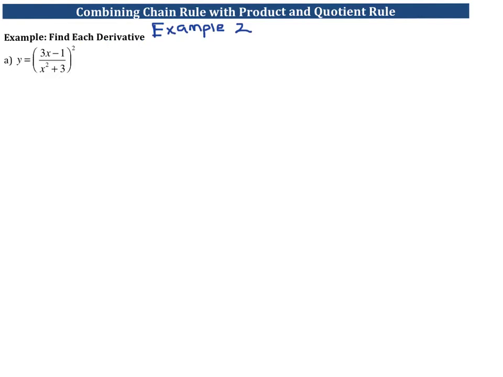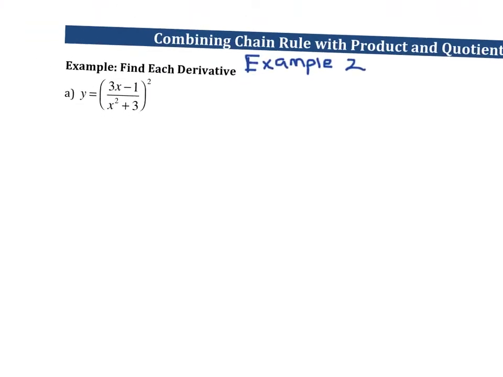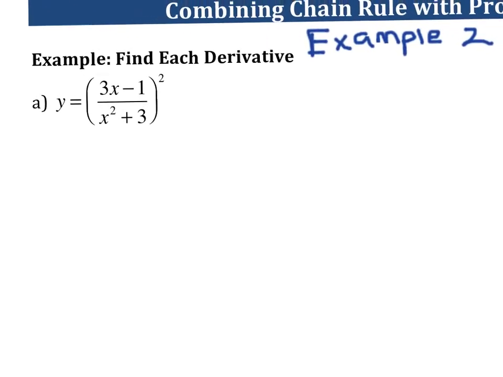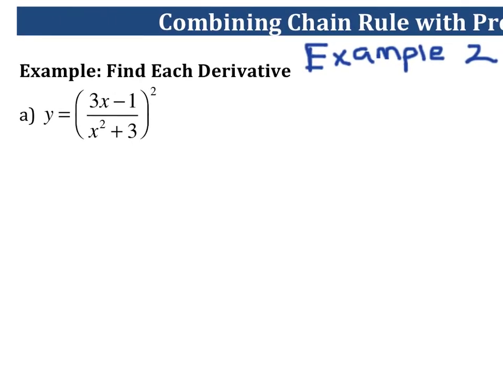All right, so first things first, I'm going to do exactly what I did before. I'm going to set my inner function equal to u, and then I'm going to take the derivative of u. So here, our inner function again is still inside of here. So u equals (3x minus 1) over (x squared plus 3).